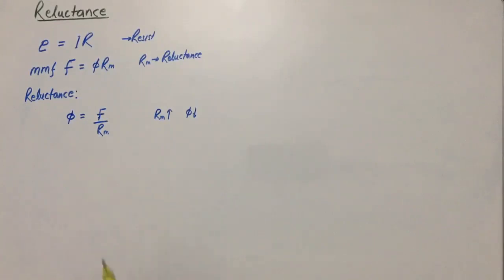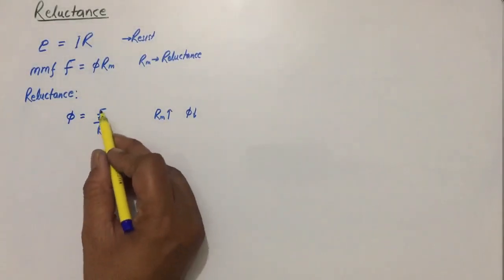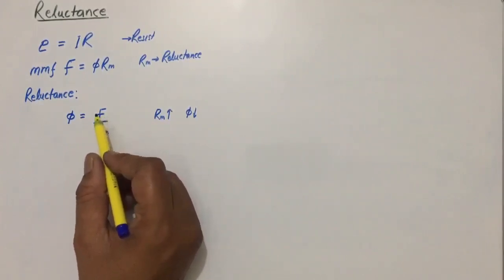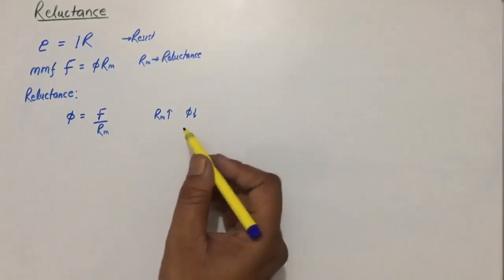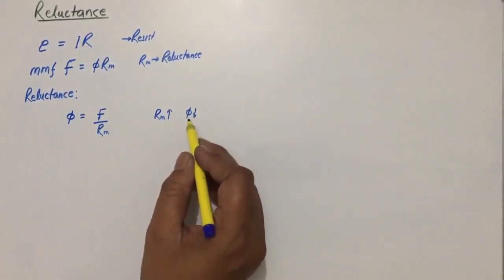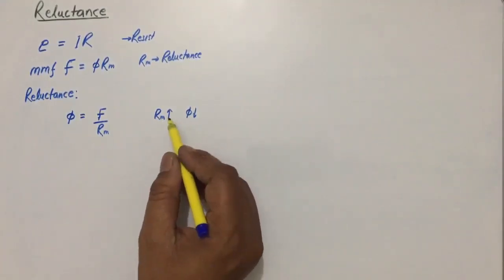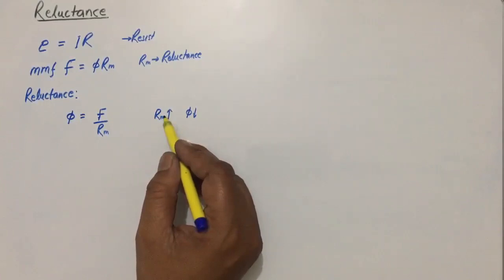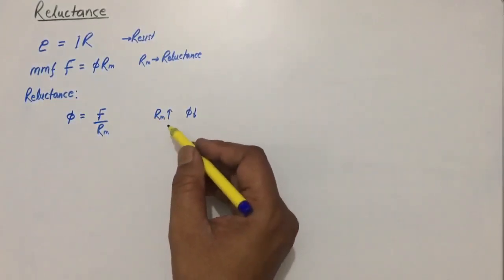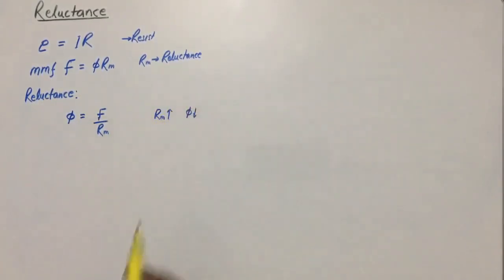It means that for the same value of MMF, that is current applied, flux will be less in a material with a high value of reluctance. It means that the material will offer more opposition to the magnetic flux through it.